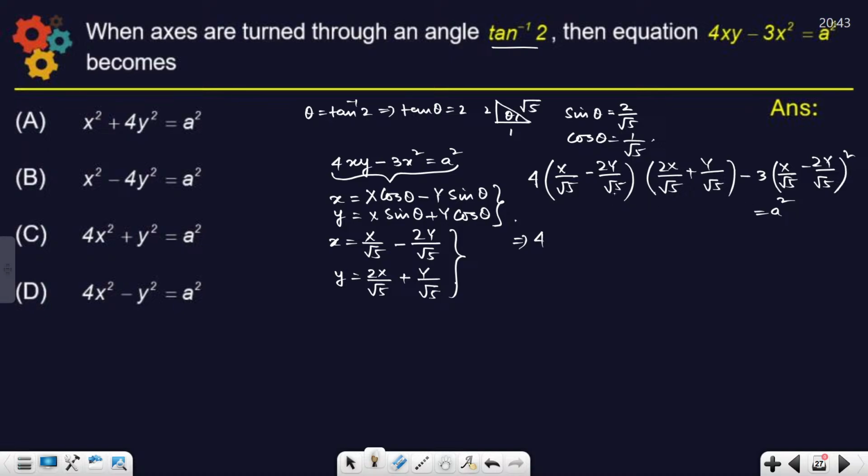So one thing I can do, I can take root 5 common, so it will be 4 over 5 minus 3 over 5.